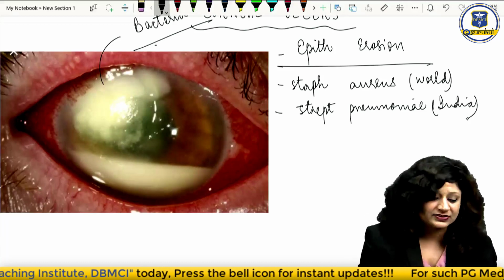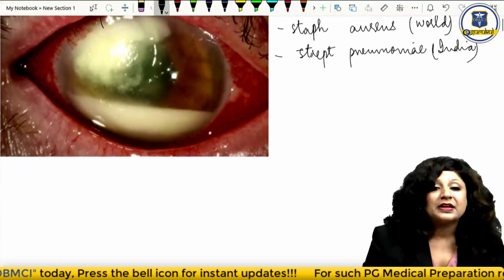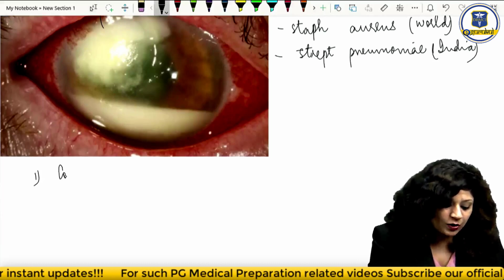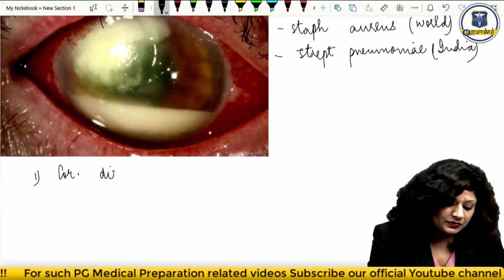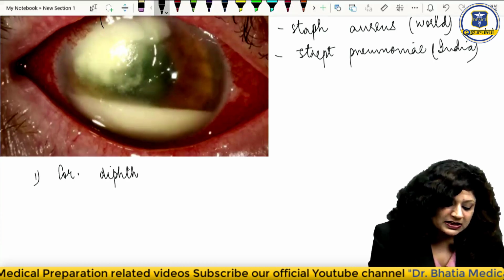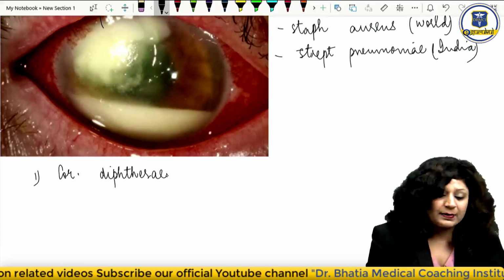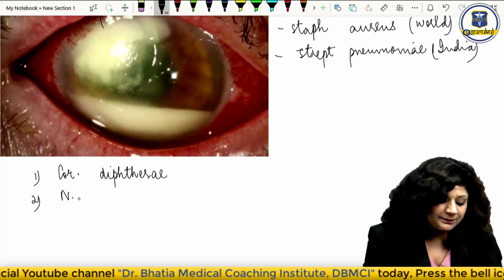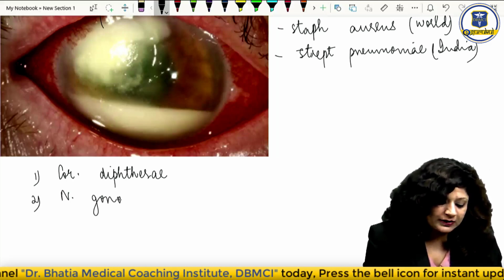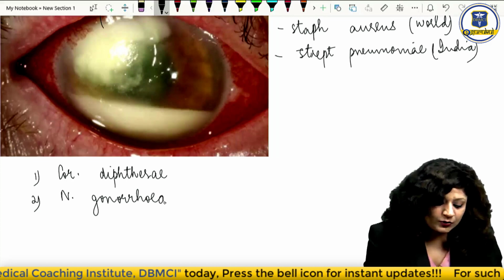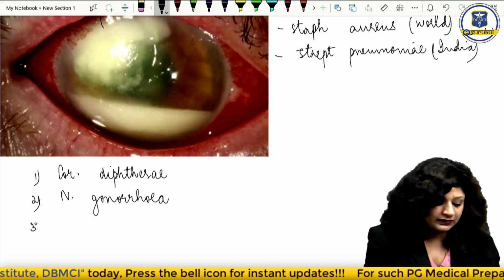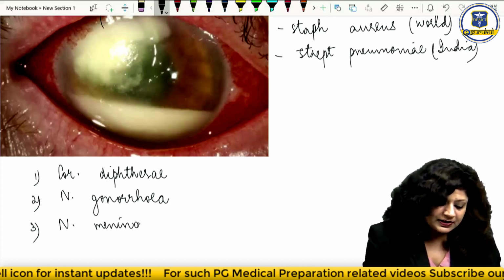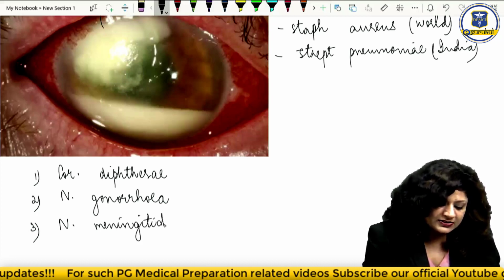Now let us see the list of bacteria which can invade the intact corneal epithelium. The first important is Corynebacterium diphtheriae. The second is Neisseria gonorrhoeae. The third important is Neisseria meningitidis.